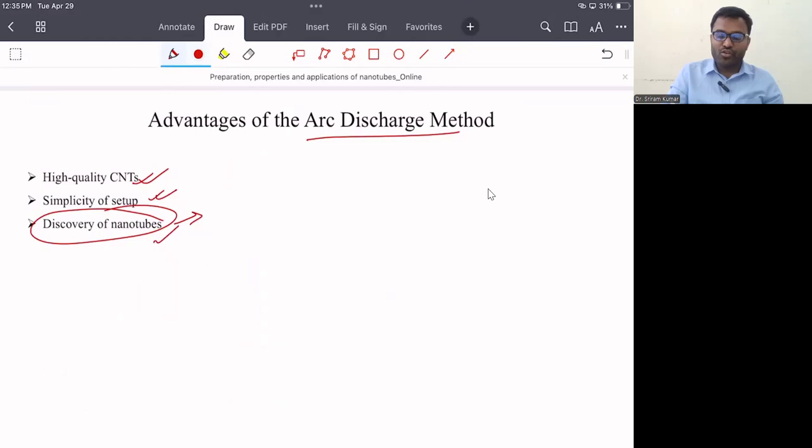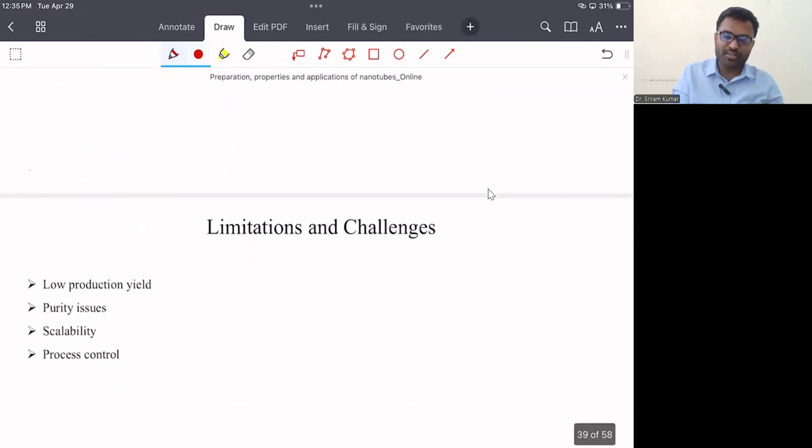Later on, they optimized the parameters for the synthesis of CNT. So this was the first technique to develop carbon nanotubes using the arc discharge method.